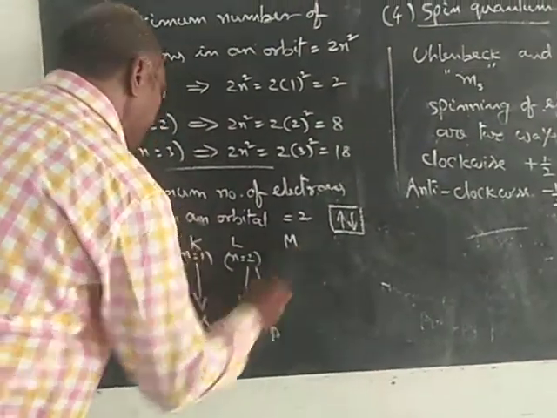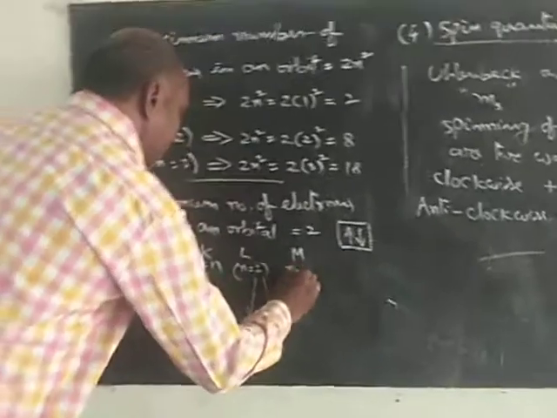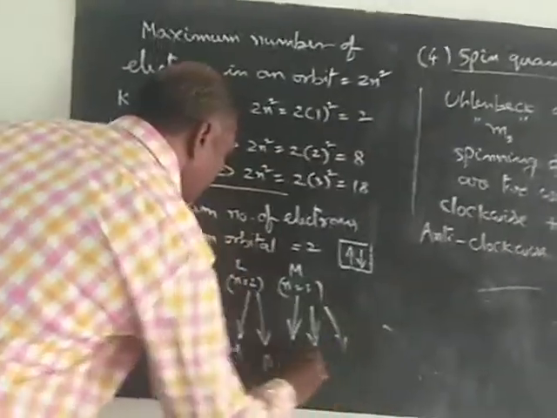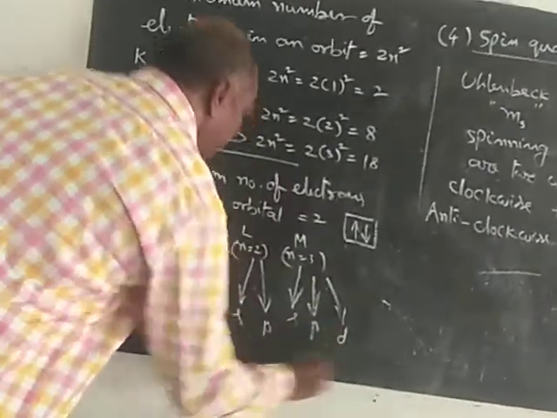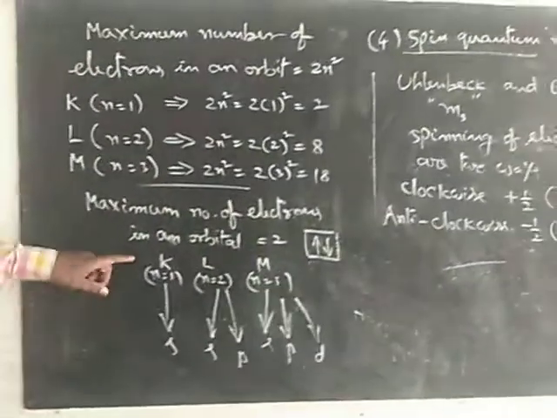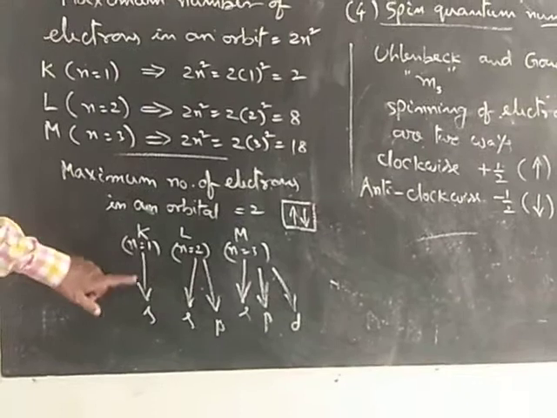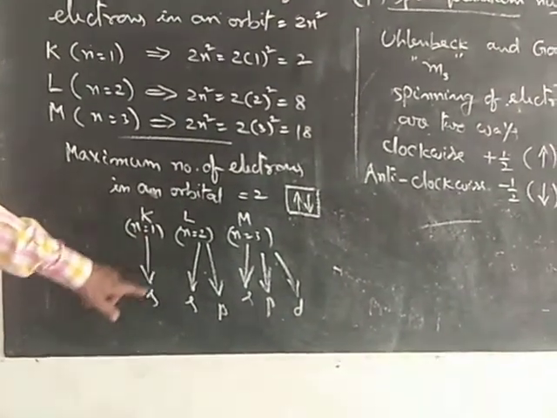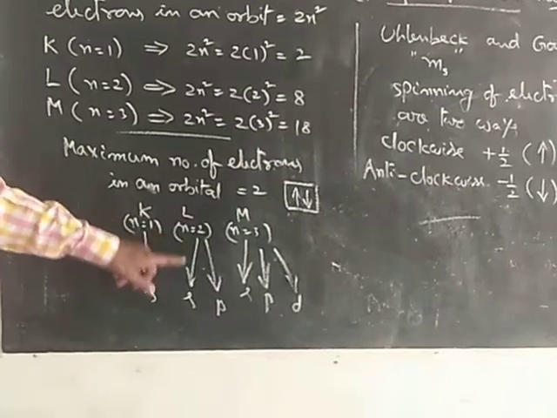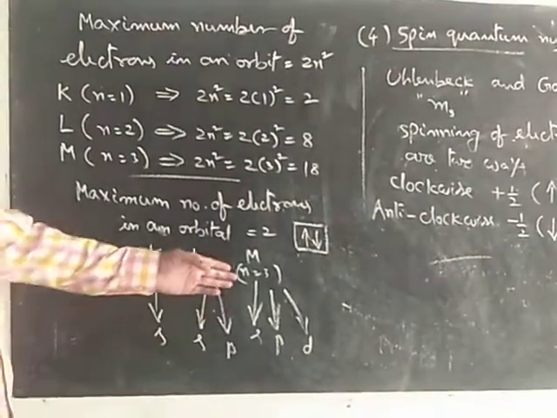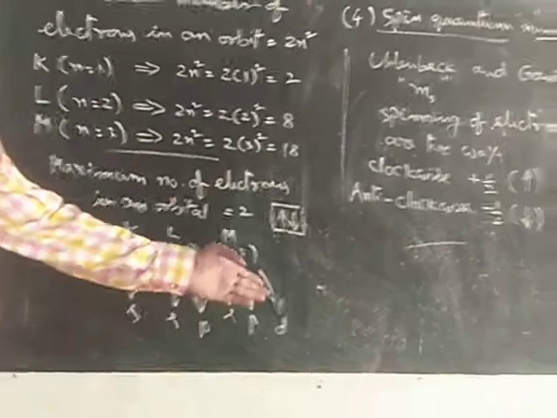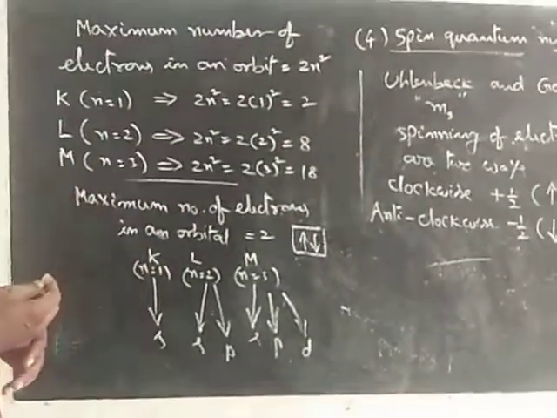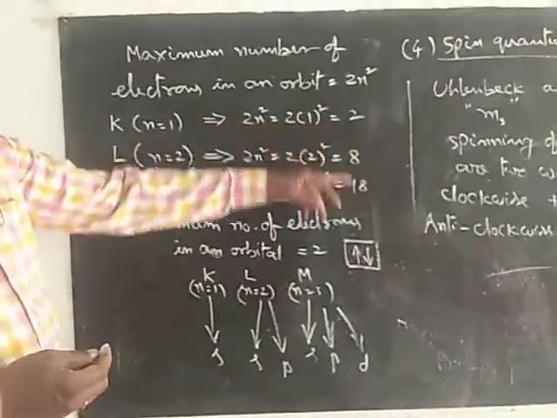Suppose M shell, that is n value 3, it consists of s, p, d, 3 orbitals. K orbit means s orbital only, that means n value 1 means 1 orbital, that is s. N value 2 means L shell, 2 orbitals s and p. N value 3 means 3 orbitals s, p, d. But how does the L shell consist of 8 electrons?